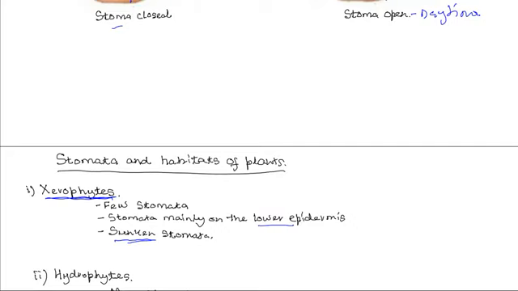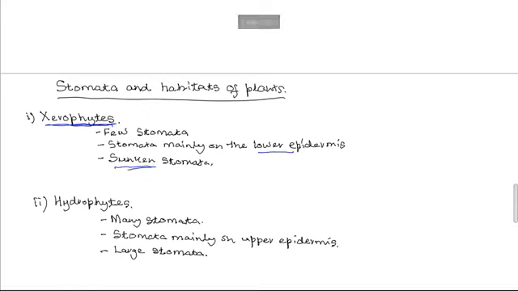Likewise, plants that grow in well-watered places, in fact, in areas that are freshwater habitats, such plants are known as hydrophytes, and their problem is presence of excess water in their body. So they tend to have many stomata, which are mainly on the upper epidermis that is exposed to the environment. And the stomata can also be large.